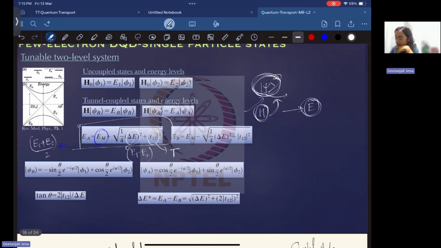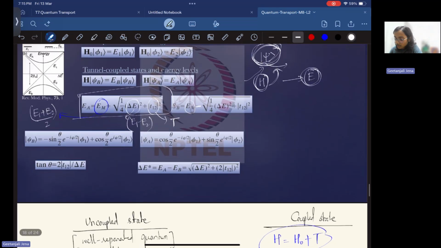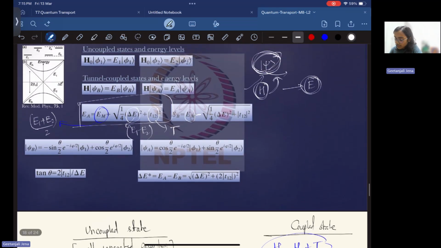And for the bonding state, we also have the same type of expression, but now the bonding state has a lower value than the anti-bonding state. So we have a minus here, but the expression is more or less the same, only different by this minus sign. So EA and EB now get changed, and from that we can also express the eigenstate psi b in this form.